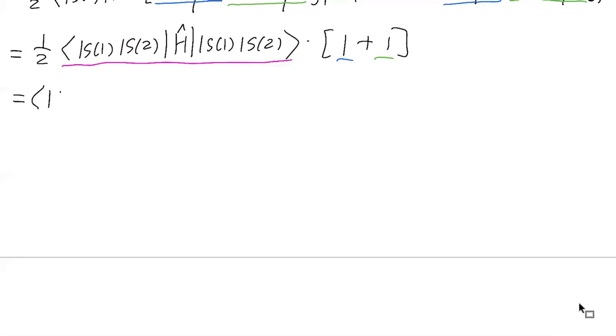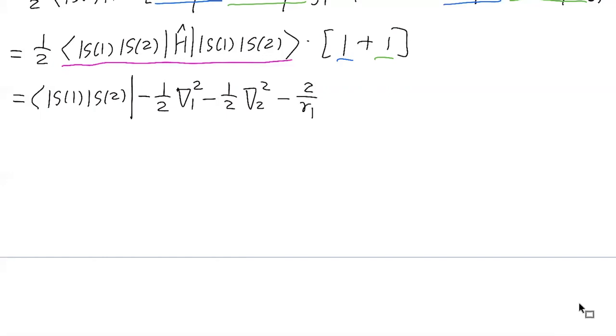Okay. Now, let's expand this term. So you have 1s1, 1s2. H is, of course, let's use atomic units. So it's minus 1 over 2 gradient squared for the first electron, minus 1 over 2 gradient squared for the second electron, minus 2 over R1 minus 2 over R2, right? 2 is the nuclear charge for helium atom, plus 1 over R12. This is the electron-electron repulsion.